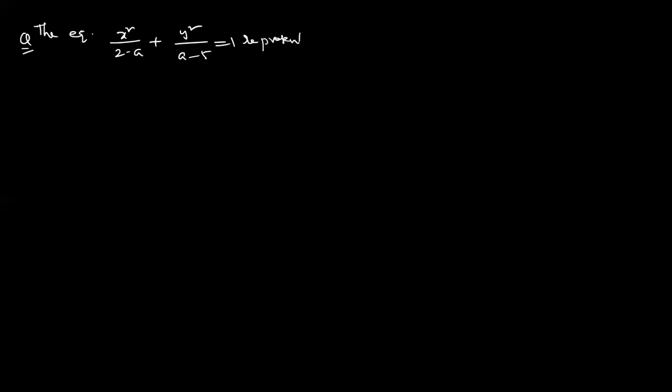Question. How many of you are responding? Let me see. Simple question I'm giving. The equation x square by 2 minus a plus y square by a minus 5 is equal to 1 represents an ellipse.